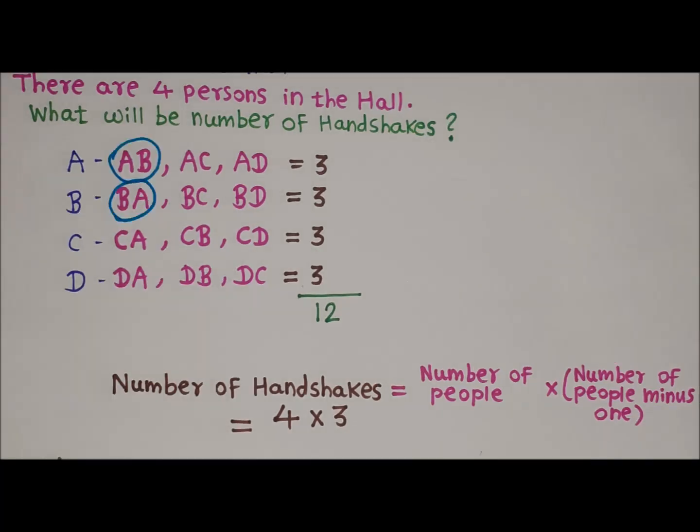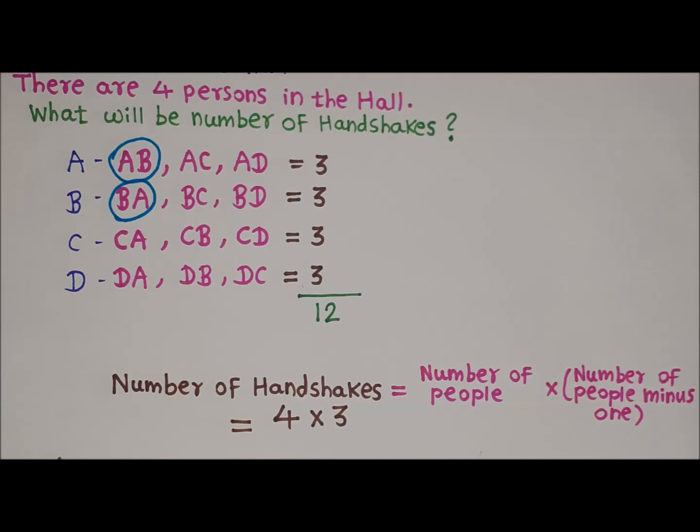But here we are missing something. If A shakes hand with B, then B should not go for one more handshake with A, as repeated handshakes will not look good. If A shakes hand with B, it means the handshake between A and B is done. If B goes for one more handshake with A, then B will look like a freak in that case.